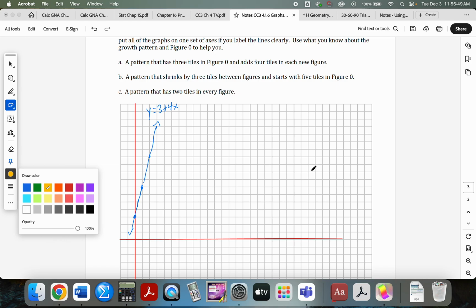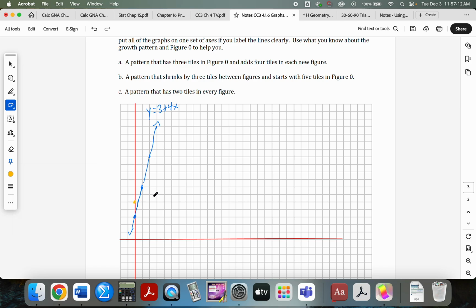All right, let's see. A pattern that shrinks by 3 tiles between figures and starts with 5 tiles in figure 0. Okay, who can explain to me how to graph that? Ben? You start at 5 tiles on the y-axis, and each time it goes to the right one, you go down by 3. All right, so each time we go to the right one, we go down 3.